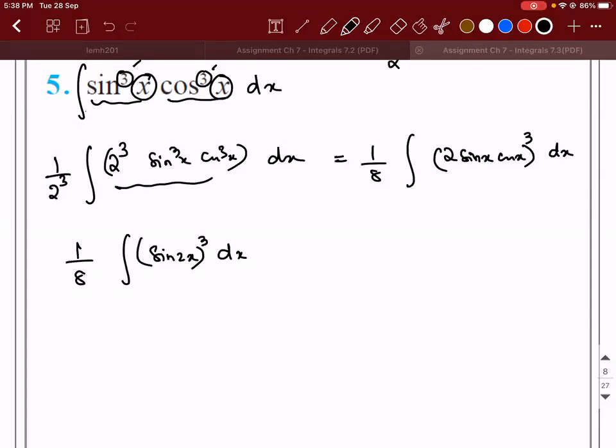Now you know the whole story again. 1 by 8 into integral of sine cube 2x dx. Now you can handle it.